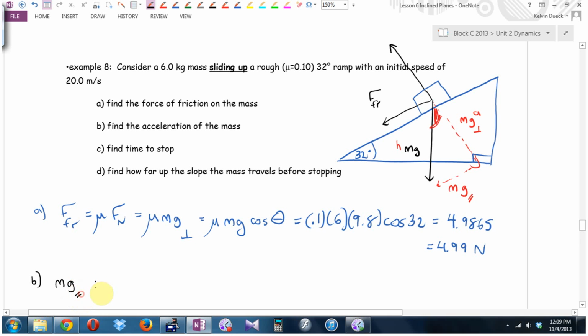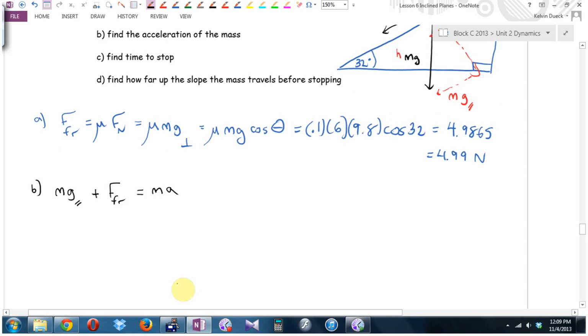mg parallel plus friction equals ma. Although I know that friction is 4.9865, I'm going to do this algebraically because I think some nice stuff comes out of here. I'm not going to plug in numbers.